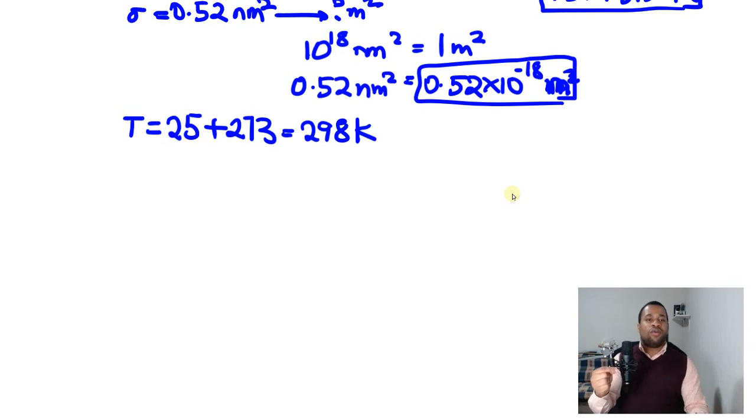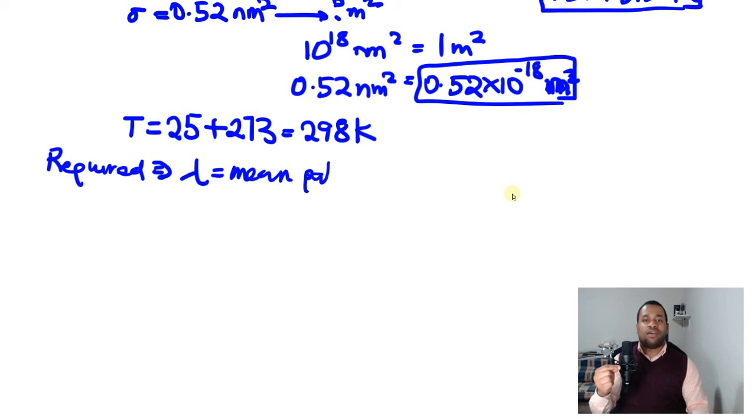And so, since we are required to determine the mean free path, which is represented as lambda, we will then derive our mean free path, which we already did in this particular question.